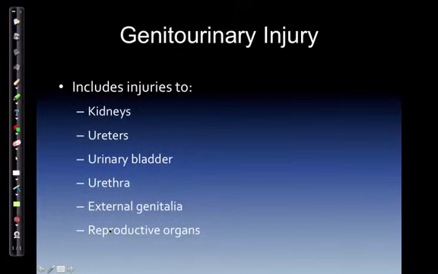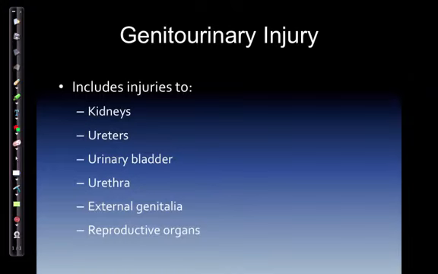Genitourinary injury. Penetrating trauma to any portion of the abdomen, as well as the buttocks and upper legs, can potentially involve the genitourinary system. Blunt trauma typically affects the kidneys, urinary bladder, and external genitalia due to the location and accessibility of these structures. Genitourinary injuries include the kidneys, which are discussed in the later section on solid organ injuries.